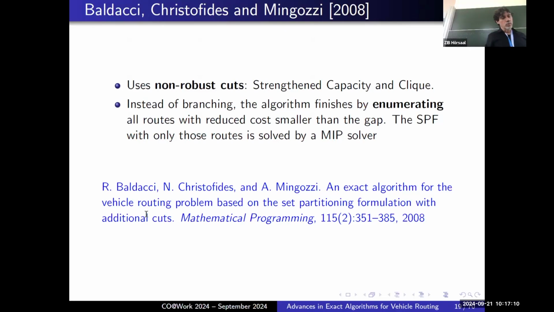So you solve your root node. Instead of branching, you can enumerate all routes with reduced cost smaller than the gap. And it's guaranteed that the optimal solution is inside this set, okay? So if you don't have so many routes, if you have, say, 50,000 routes, you can give it to your favorite VRP solver and finish the optimization.